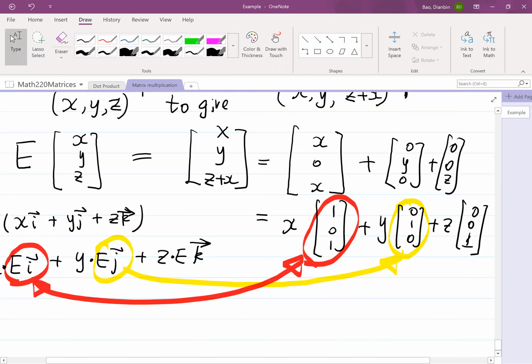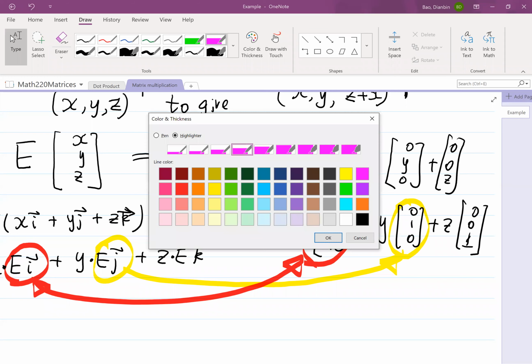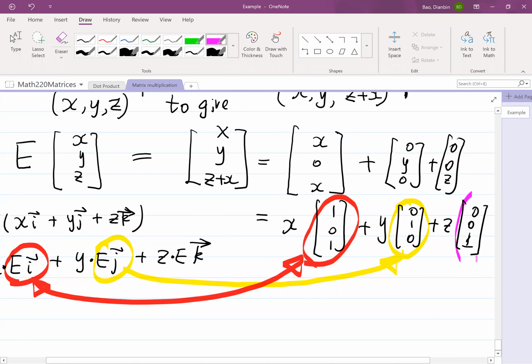Okay, the term is z. Then the term is z.